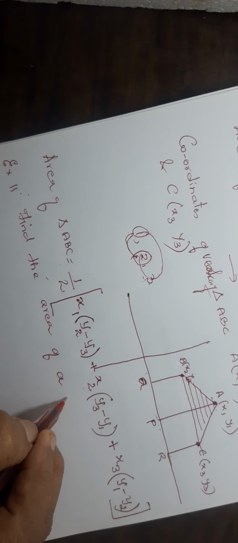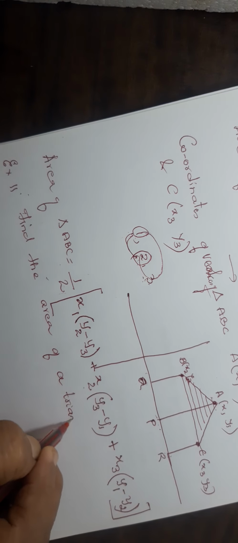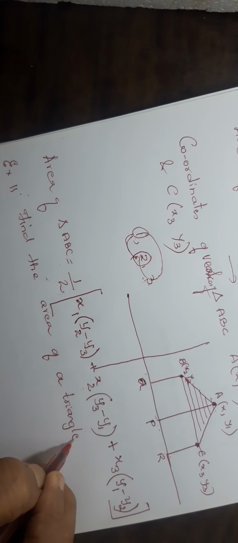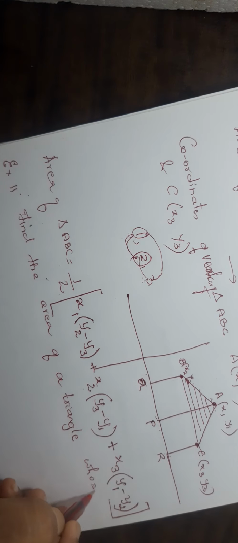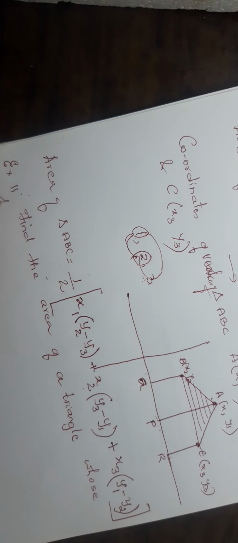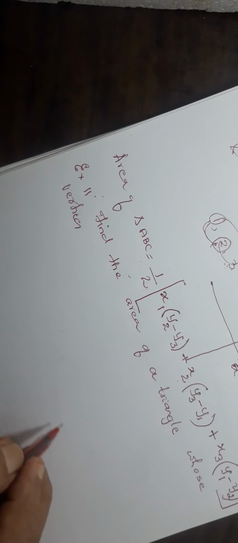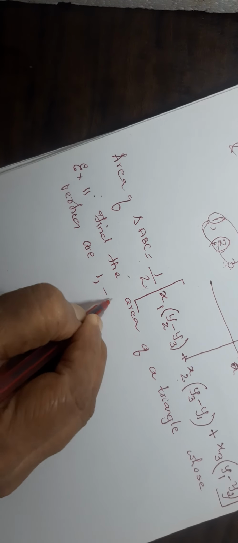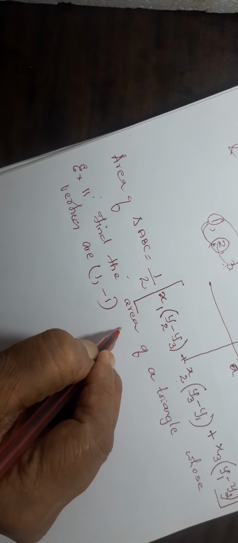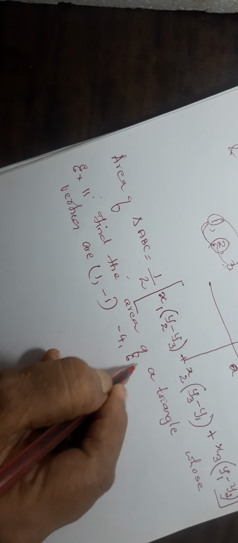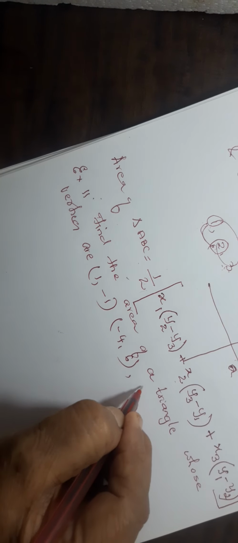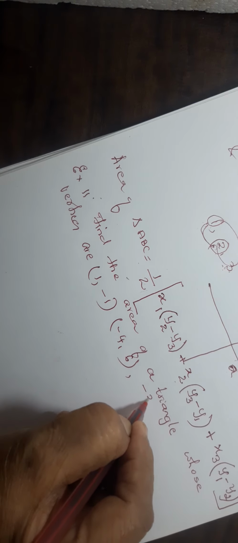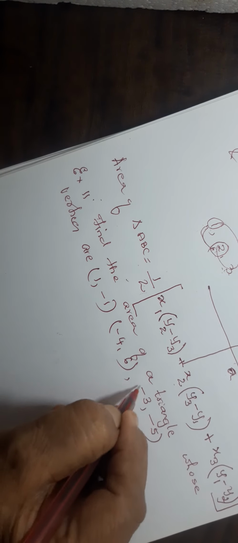Find the area of a triangle whose vertices are 1 minus 1, then minus 4 6, and minus 3 minus 5.